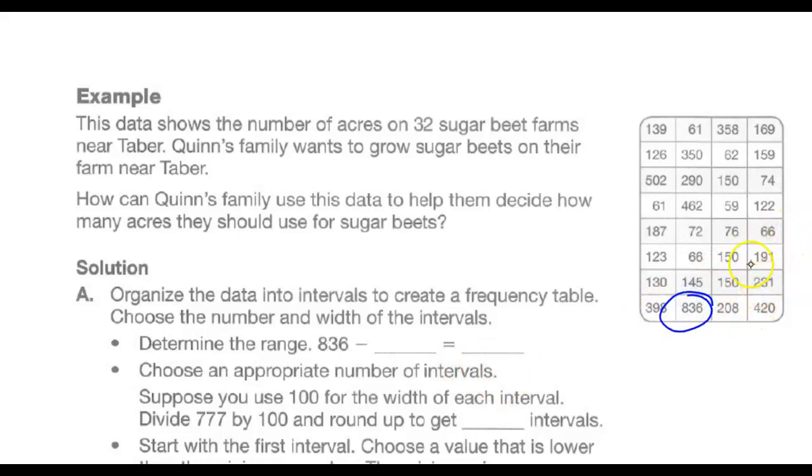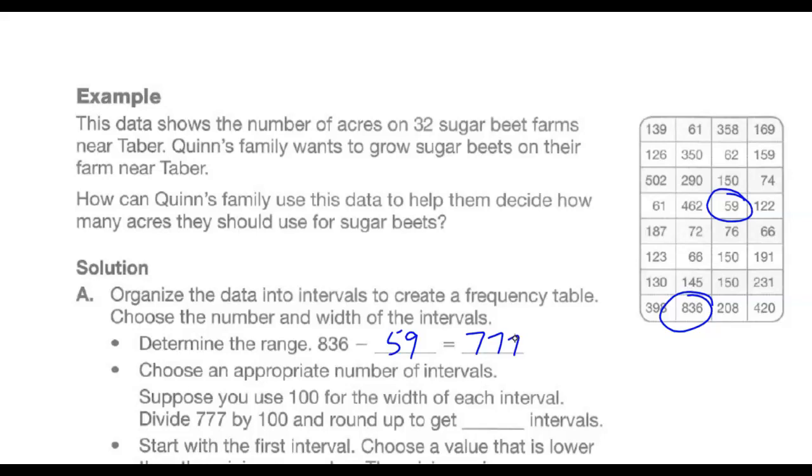So the lowest looks through that, 59, yeah, 59. Which gives us 777. Okay, choose an appropriate number of intervals. Suppose you use 100 for the width of each interval. Divide 777 by 100 and round up to get how many intervals.